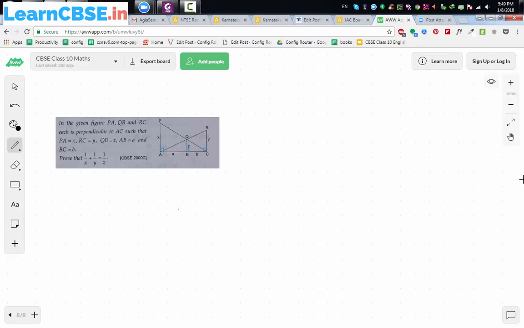So let's choose a triangle. First of all, let's see why they have given this statement that PA, QB, RC each are perpendicular to AC. What does that mean? If two lines are perpendicular to the same line, it means they will be parallel to each other.